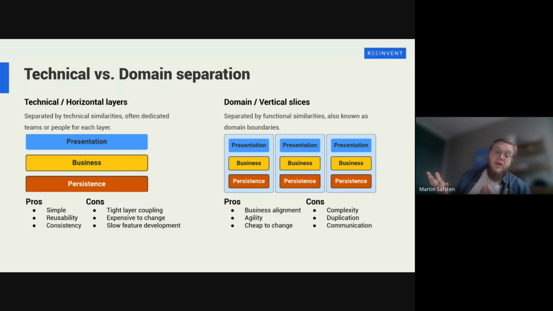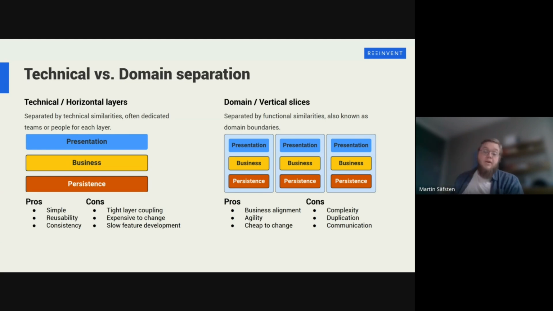And slow feature development is also a part of that. You don't want to change anything because you don't want to risk ruining something else that you don't know about. So a lot of legacy systems have this structure, and most of them get a bit messy over time, a spaghettification. That's what I'm trying to say.